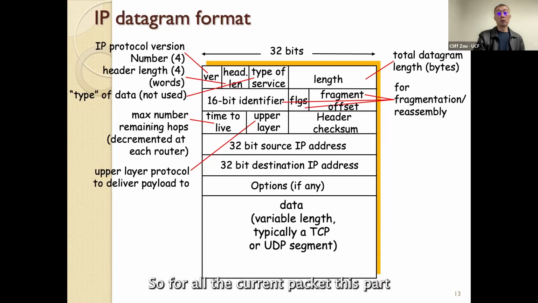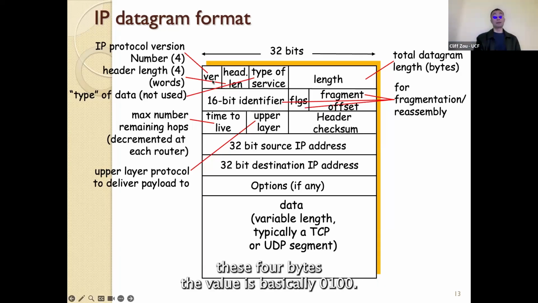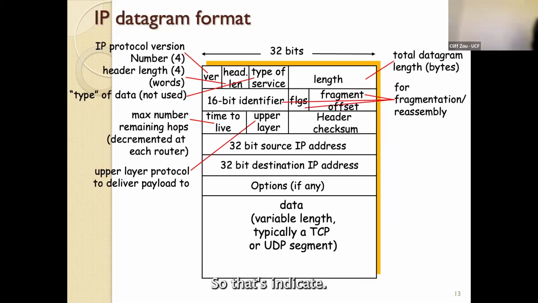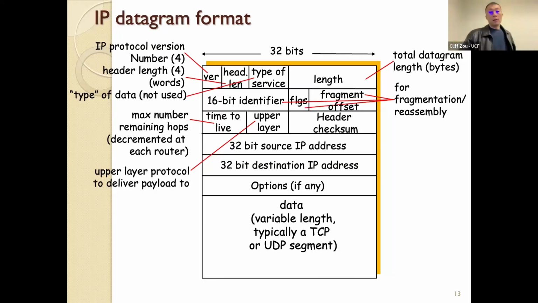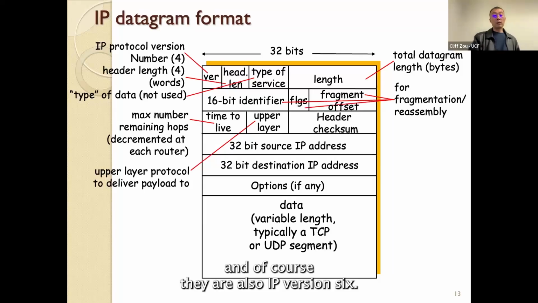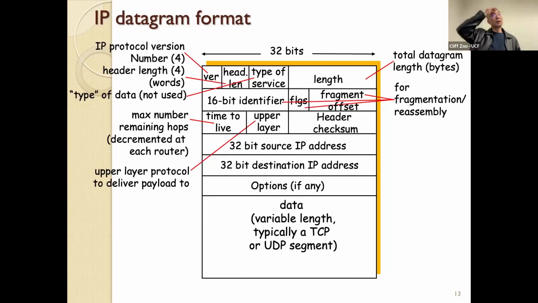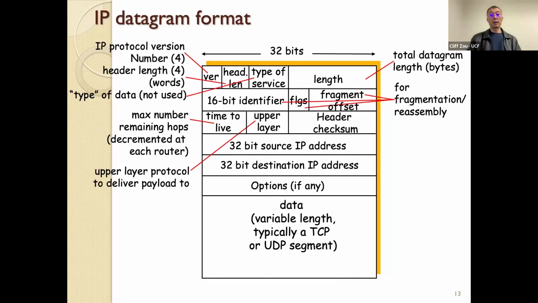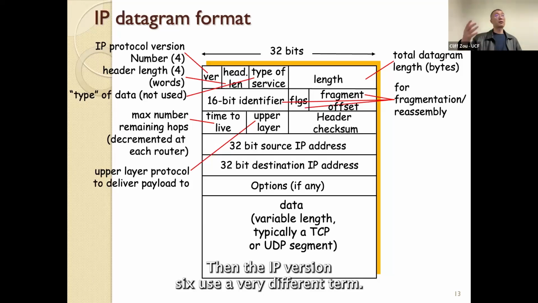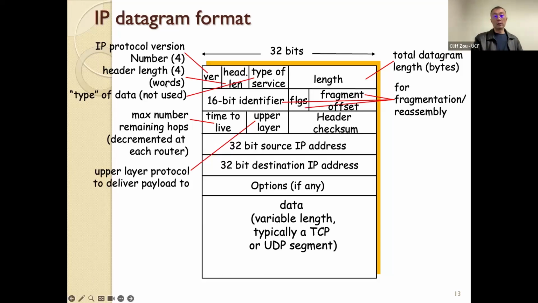So for all current packets, these 4 bits have the value 0, 1, 0, 0. That indicates version 4. Of course, there is also IP version 6, in use by some countries and some computers. IP version 6 uses a very different IP header.